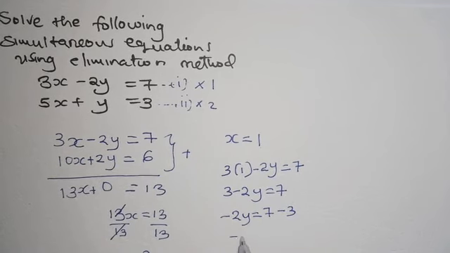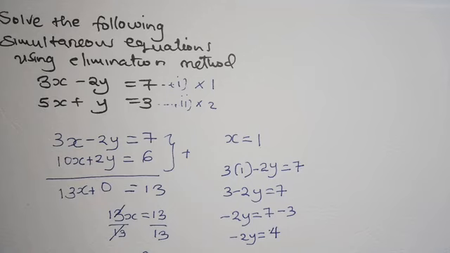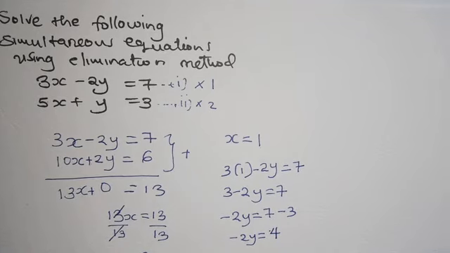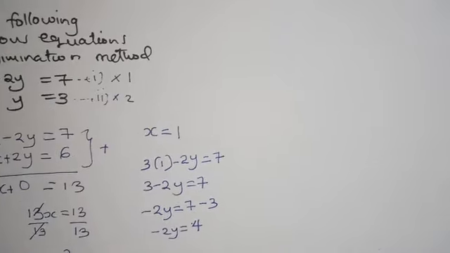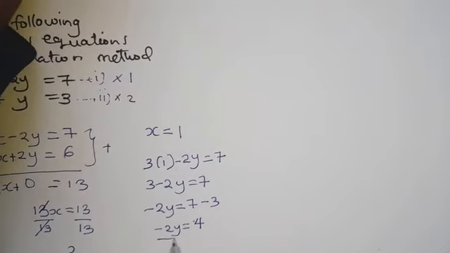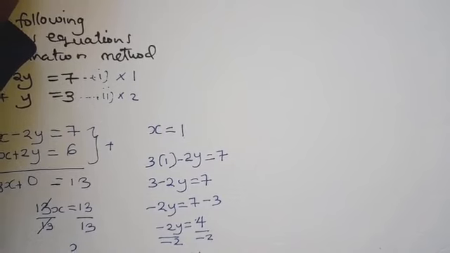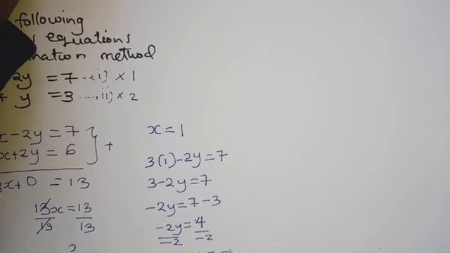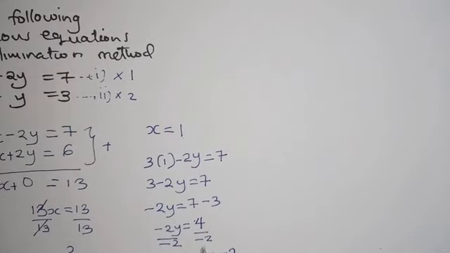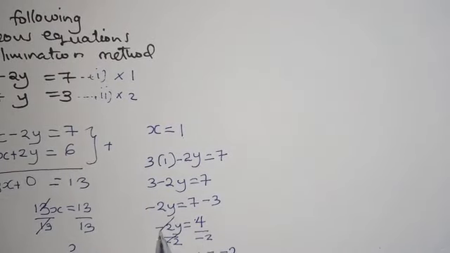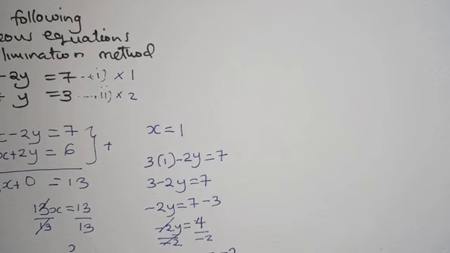So negative 2y equals 4. If we divide both sides by negative 2, our y becomes negative 2, because 4 divided by 2 is 2, and we maintain our negative sign.